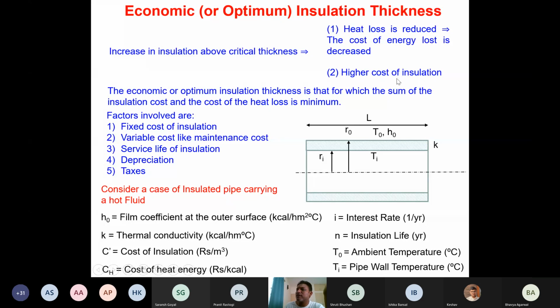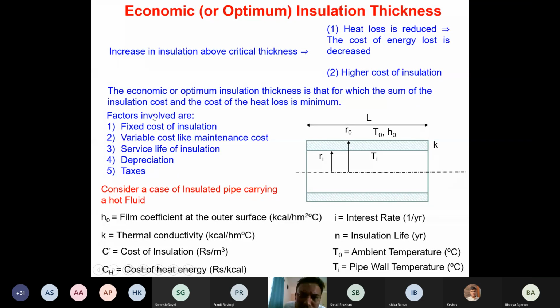So higher cost is incurred for the insulation. Now these two factors have to be balanced, and one needs to find an optimum insulation thickness which balances both these factors. So the economic or optimum insulation thickness is that for which the sum of the insulation cost and the cost of the heat loss is minimum. So the cost is minimized here.